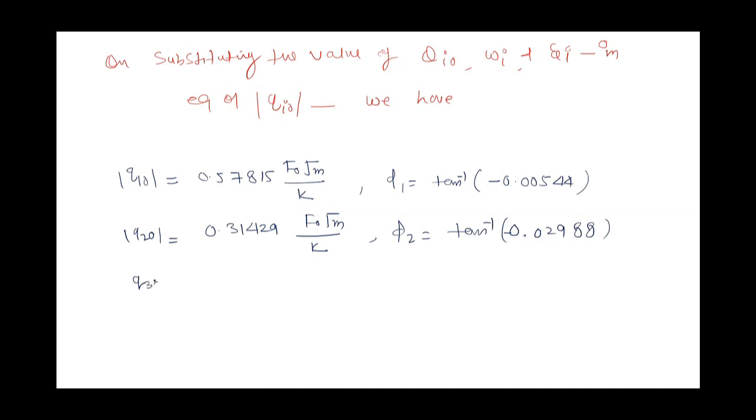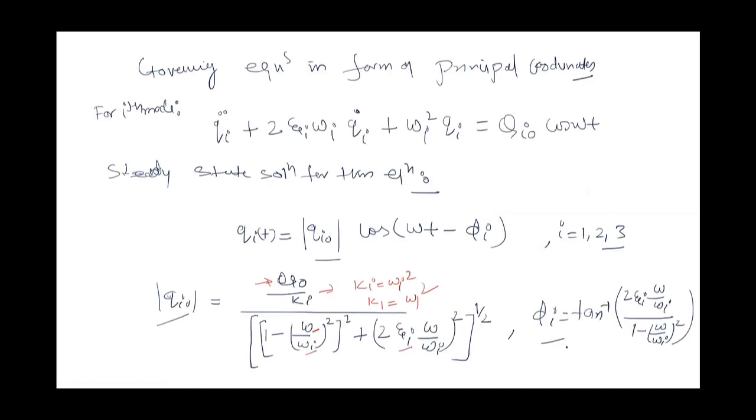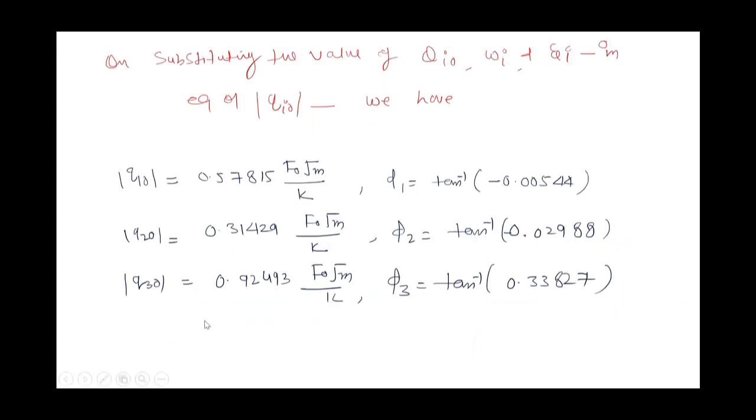And Q3 naught is 0.92493 f naught under root m over k, and phi 3 is tan inverse of 0.33827. If you replace all the values into these formulas, we'll have these values.